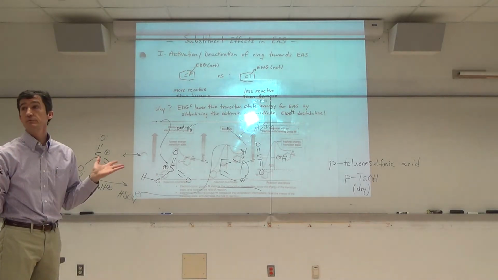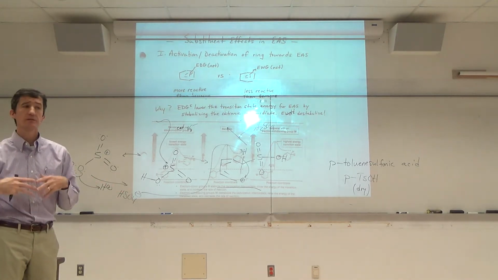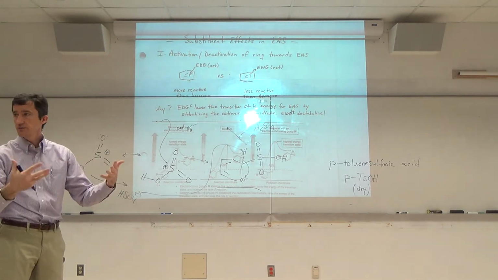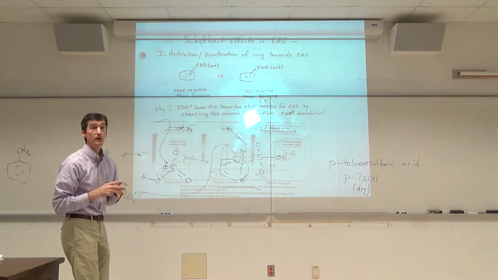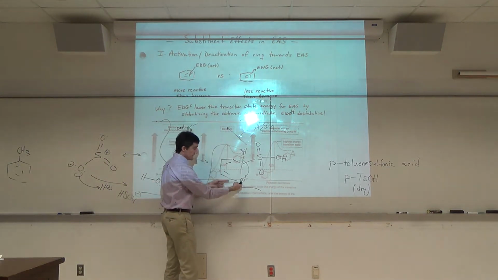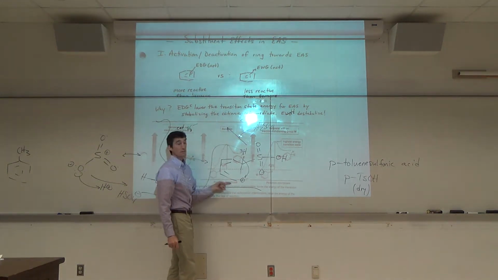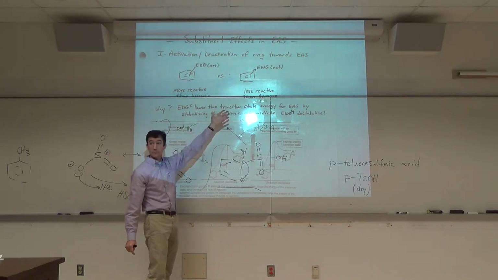Hopefully this is going to be pretty straightforward. And most of the stuff we're going to do is just going to go back to resonance and donation effects, induction. We're going to be applying what we should already really know. Now, if you have a withdrawing group here, is that going to stabilize the plus? So it's going to make it less stable. It's going to make the ring less reactive.